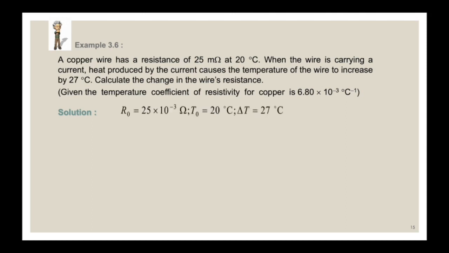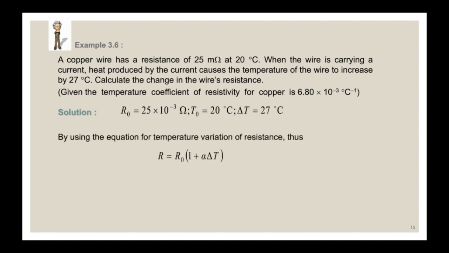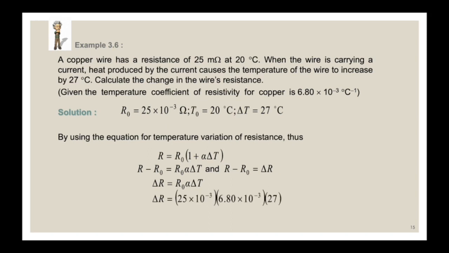So we list all the information that we can get. We are using this because we want to find the resistance. If they ask you for resistivity, then we use the resistivity equations. So we rearrange, and when we have finished rearranging, we just substitute the values.